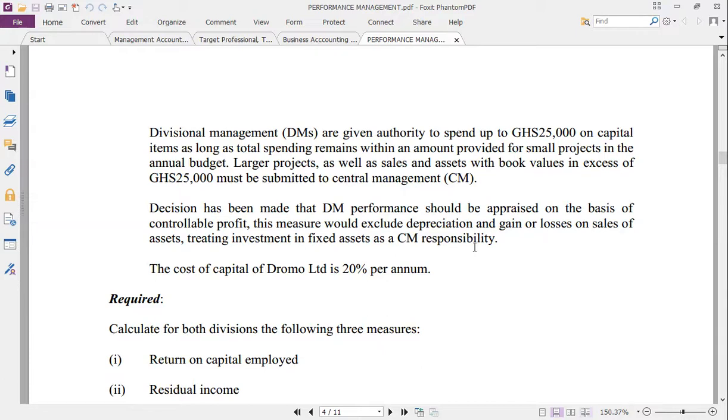Decision has been made that the divisional manager's performance should be appraised on basis of what? Controllable profit. I like that too. This examiner is good though. This measure would include depreciation and gain or losses of assets, treating investment on fixed asset as what? The central management responsibility. Cost of capital for Dromo Limited is what?